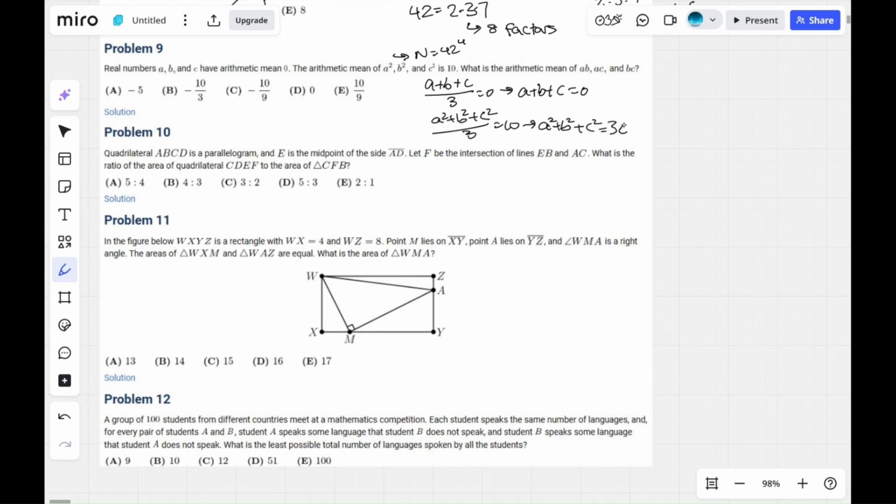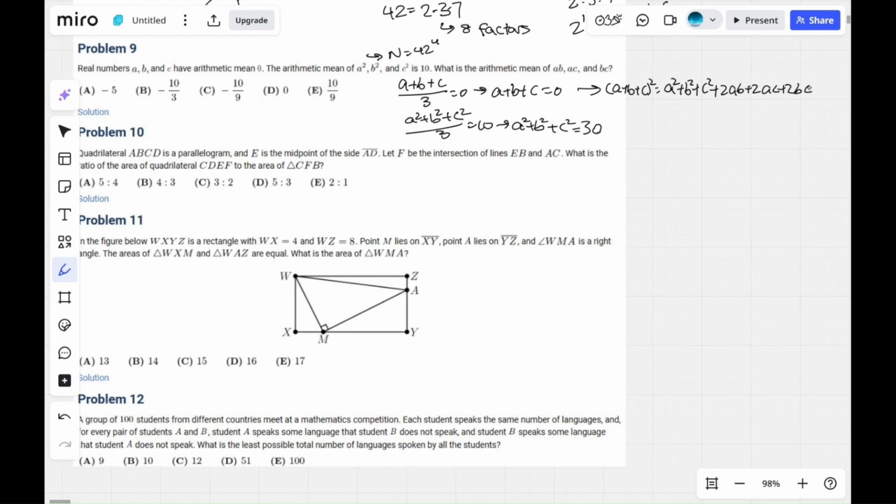Right? Okay. So we can square a plus b plus c. So a plus b plus c squared is equal to a squared plus b squared plus c squared plus 2ab plus 2ac plus 2bc. And this is equal to 0.